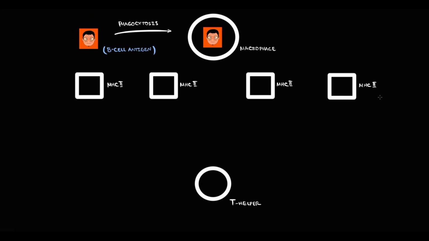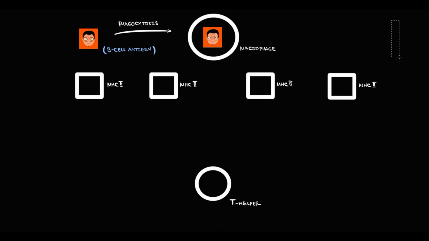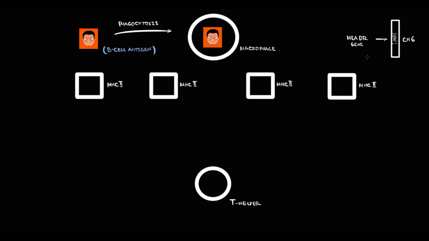What we have to know about the MHC2 receptor is that it's a protein, and the genetic information that tells us how to make the MHC2 receptor is contained in a gene that is located on chromosome 6, and we call this gene the HLA-DR gene. But we have different variations of HLA-DR genes, and such variations we call alleles.